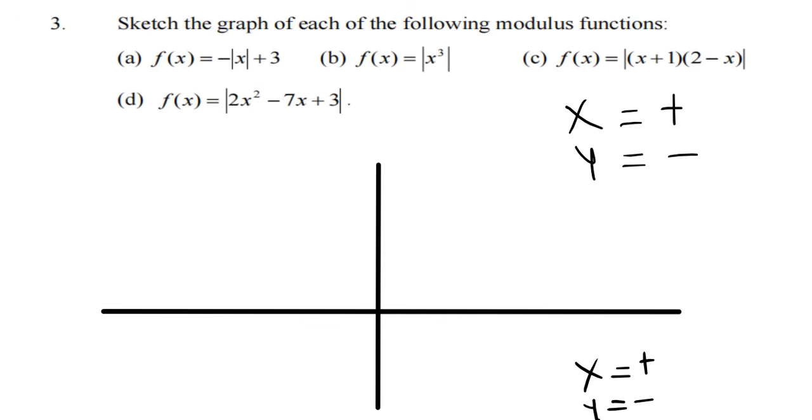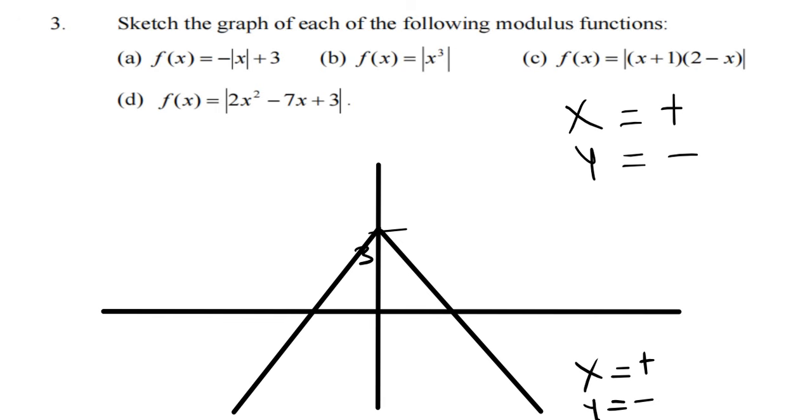However, we've got shifts here. We don't have a shift in the x, but we have a shift in the y. We've shifted our graph 3 units. So that's the shift in the y. I can put a 3 there. So automatically now we're able to graph this. This is going in this quadrant, but since it's supposed to be a V, the other part is going to go there.